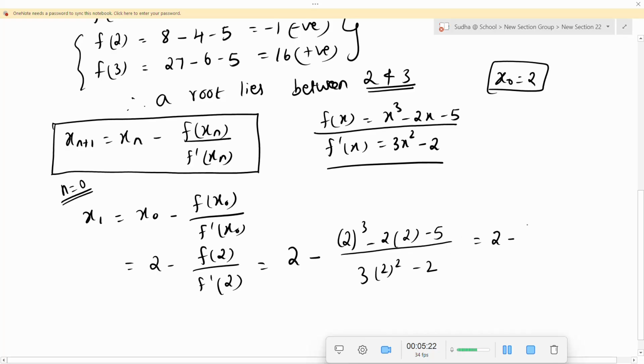So 2 minus 1 divided by 10, so 2 plus 1 by 10. Simplifying, we get x1 equal to 2.1.